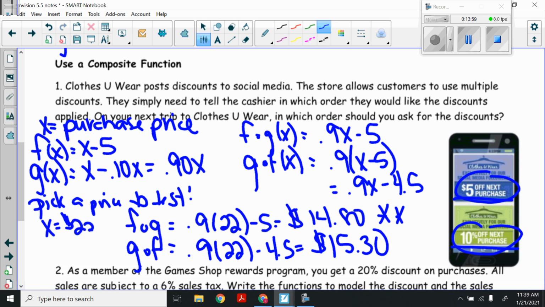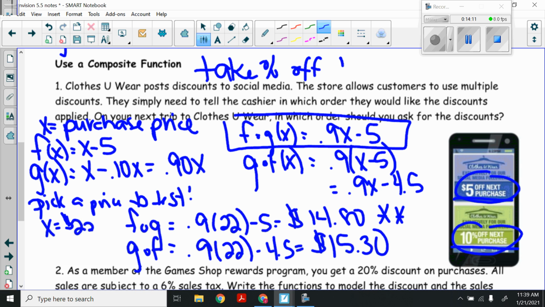The first one is the better deal. So it is better to take the percent off, then the dollar amount off. That's going to give us the better deal.